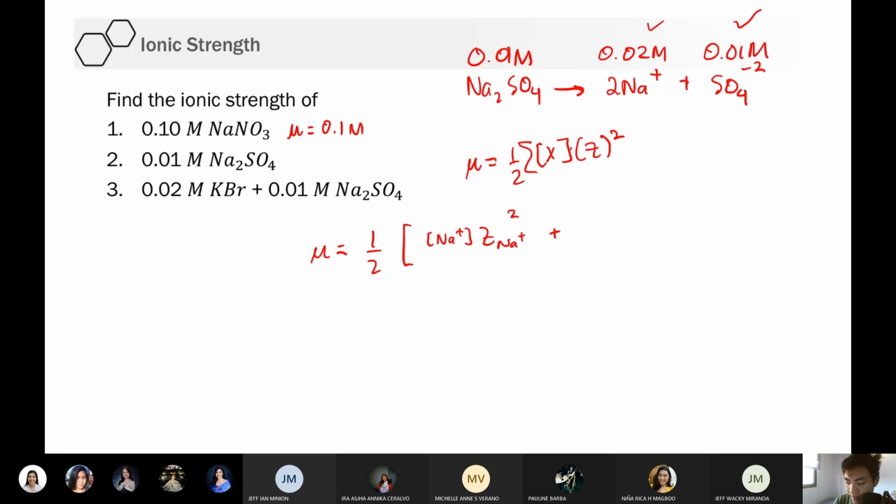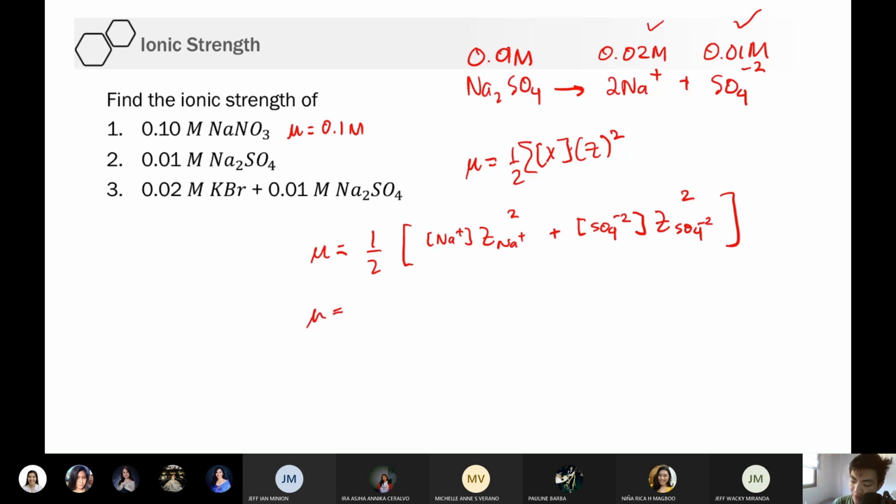And for sulfate, we write the concentration of the sulfate ion times the charge of the sulfate ion squared. Basically, whatever is in your product side, you plug into your terms here. The concentration and their charges have to be multiplied, and then you add them together.